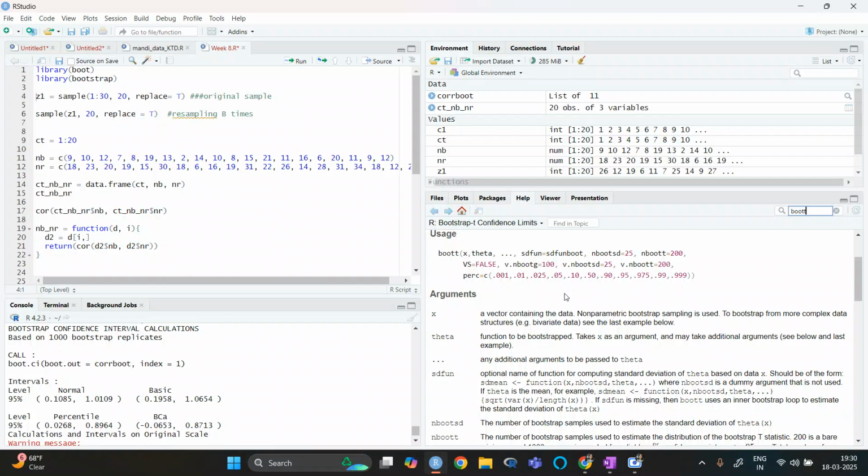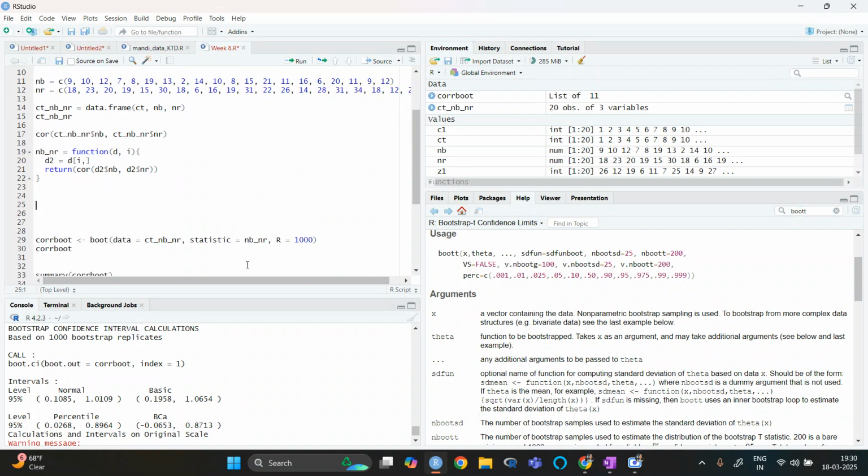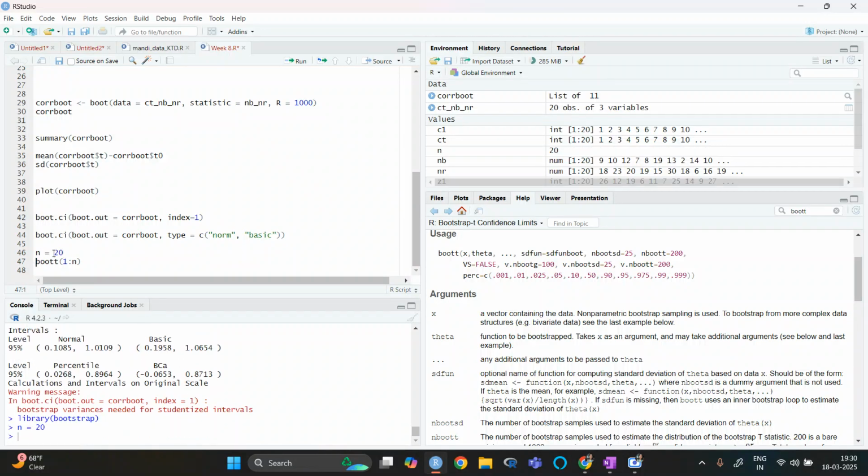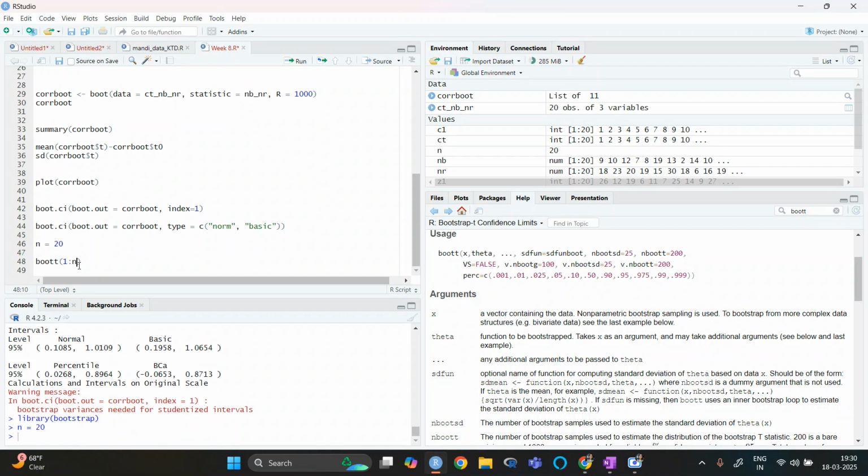What we do here is, 1 to n is 20, we have 20. Theta is core boot x theta.